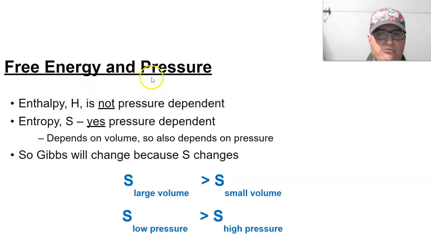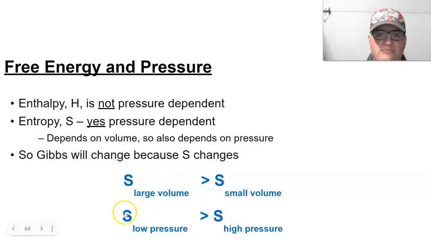Now, free energy and pressure. Enthalpy is not pressure dependent, entropy is, because remember, if you have a larger volume, then you're going to have larger entropy. So a larger volume is always more entropy than a smaller volume, which in turn means a lower pressure is always more entropy than a higher pressure.